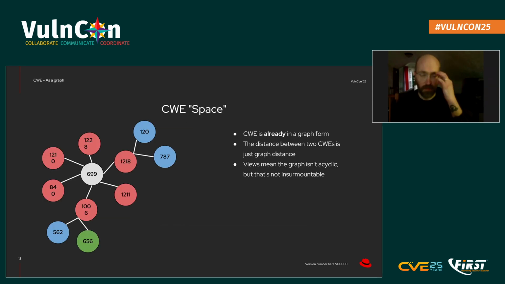Next slide, please. But one of our key observations here was that you can represent CWEs in a space in their own way, because CWE by design is already in graph form. You start with things like 699, which is a view, which contains categories, which themselves contain bases and variants, etc. So there's already a hierarchical structure built into CWE.